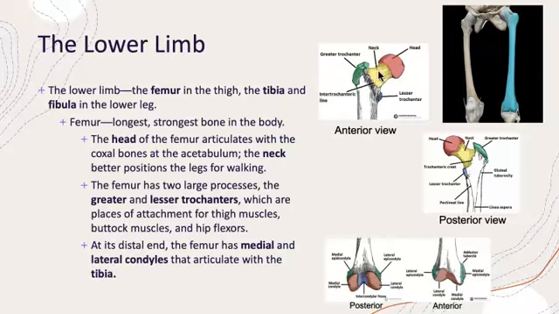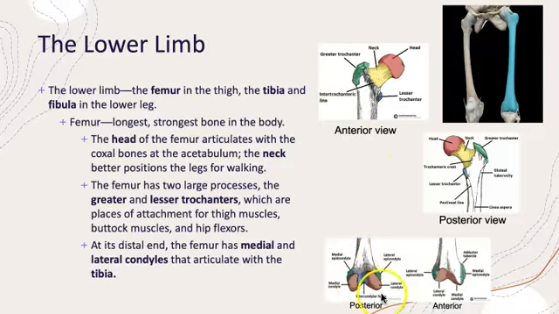You could see that it then narrows and becomes the neck, which is going to better position it for walking. Our femur will also have two large processes on it. We have the greater trochanter, which is more lateral, and the lesser trochanter, that's more medial, and we have muscles that will attach here that are from the thigh, the buttock region, and our hip flexors.